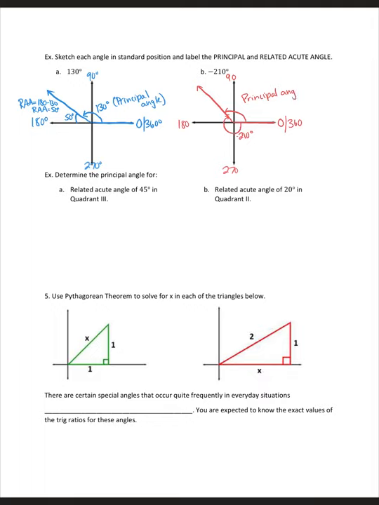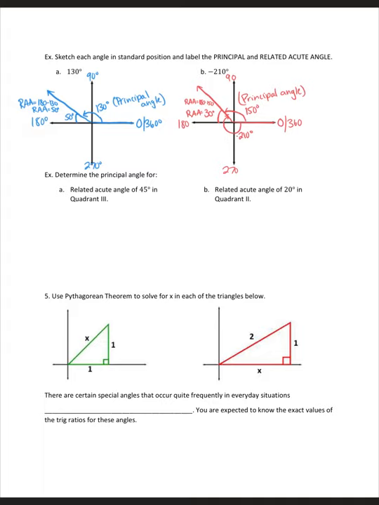If we think about negative 210, well then the positive is going to be 150, because 210 and 150 will make 360. If we want to identify our related acute angle, again, we're in our second quadrant, so our related acute angle is going to be 180 minus that principal angle of 150. That's going to be 30 degrees for our related acute angle.